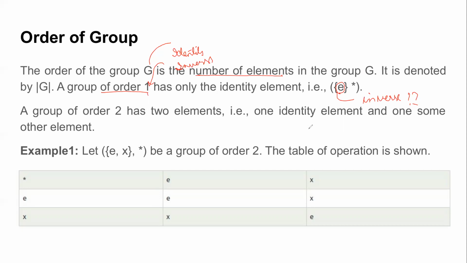Yes, anyone? Very good. It is E only, right? Because there's just one element. So identity is the same as inverse, is the same as any other element, that is E. So this is where we had ended our discussion yesterday.